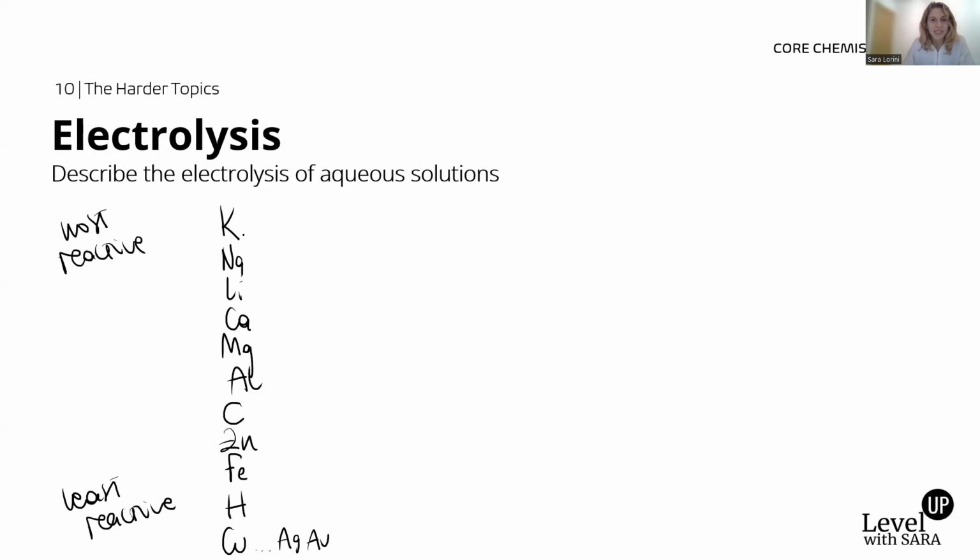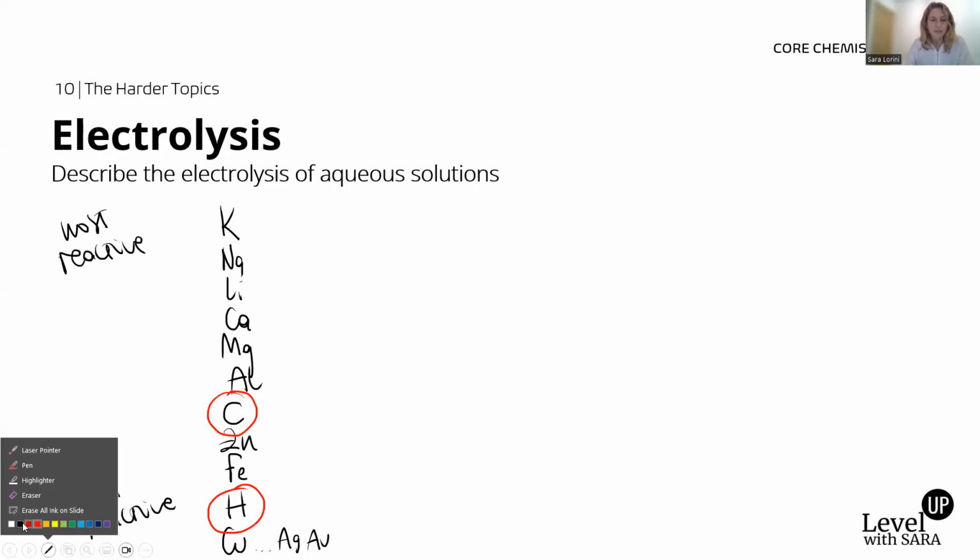So potassium is the most reactive metal, and in this list copper is the least reactive. Hydrogen and carbon are present here because they help in understanding why the products are formed and why we need to do electrolysis to extract some metals.